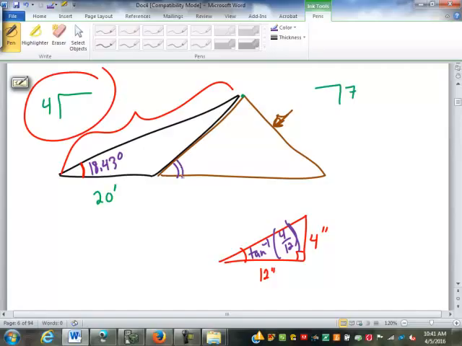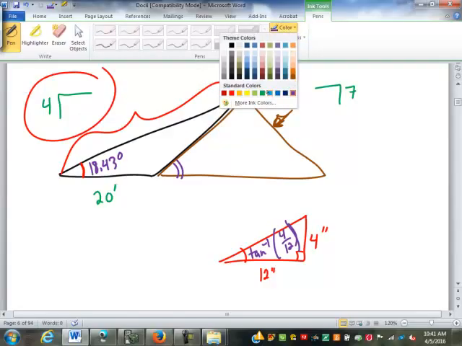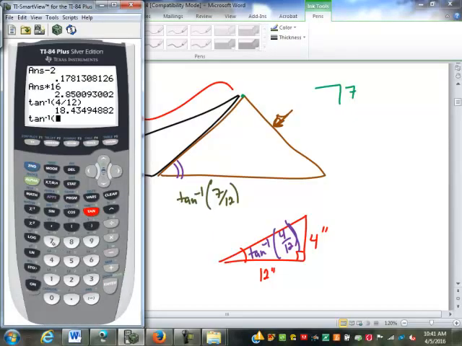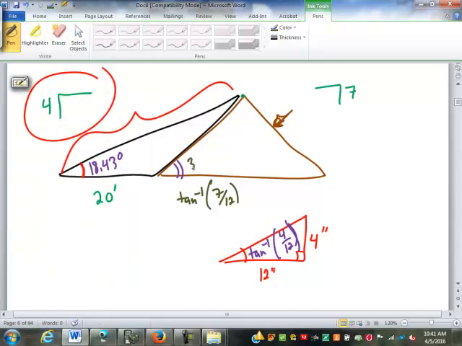So now how do I find this angle? Inverse tangent of 7/12. 30.26 degrees. Now that's not really the angle I want.